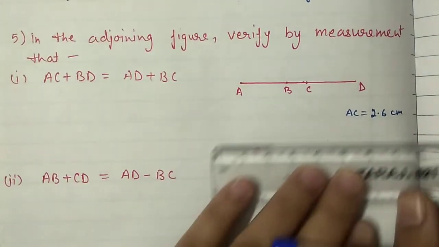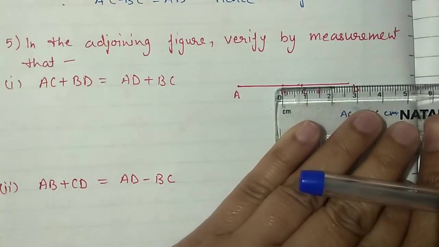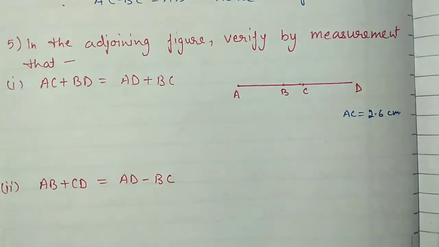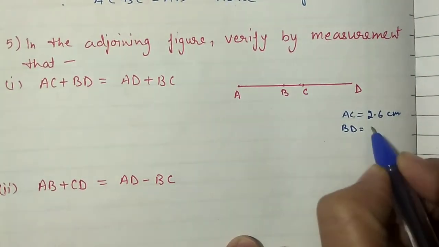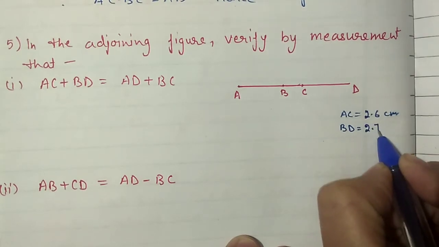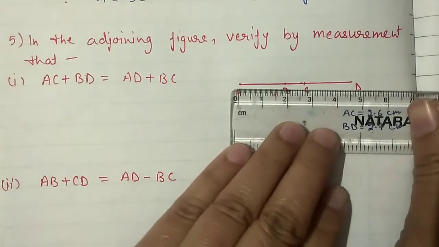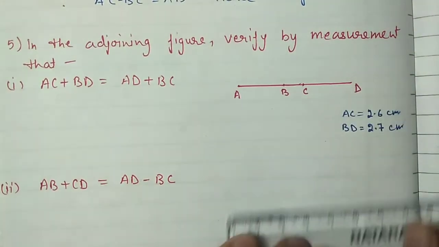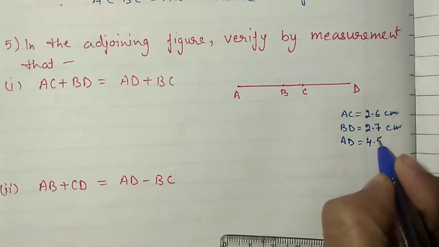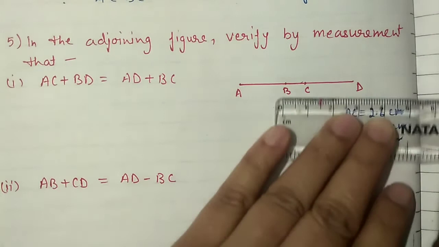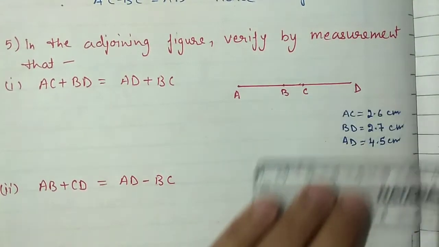Then B to D it is 2.7 centimeter. Then A to D it is 4.5. And B to C it is 0.8.